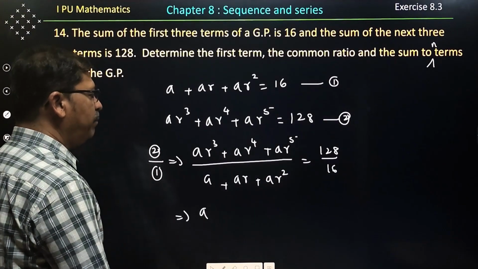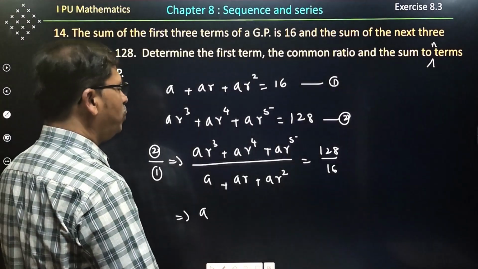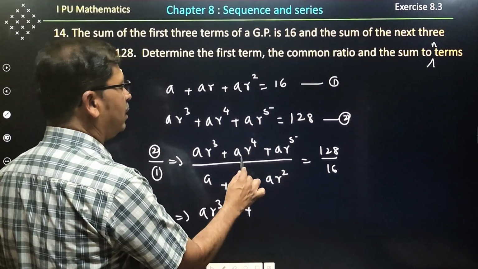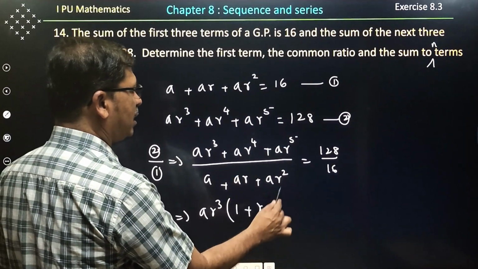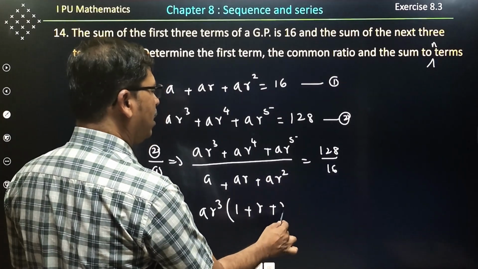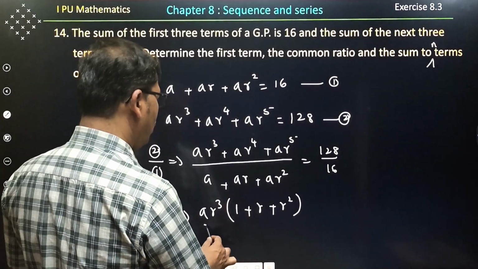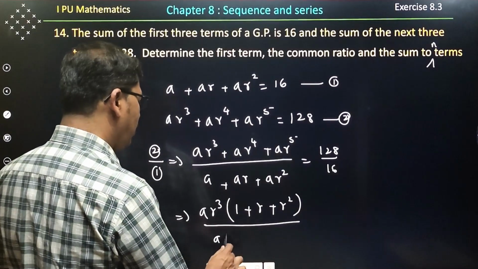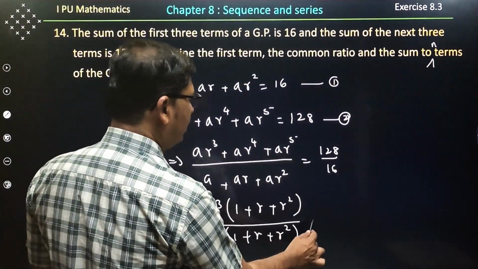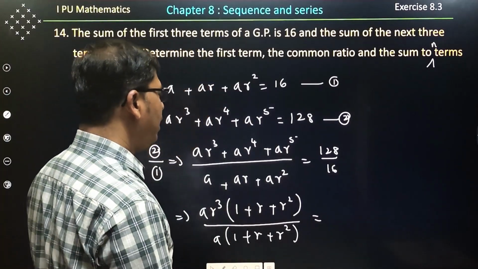At the same time, r cube is common. By taking ar cube common, 1 remains here. Next r remains. Next r square remains here. Whole divided by taking a outside, 1 plus r square remains. This is equal to 128 by 16.